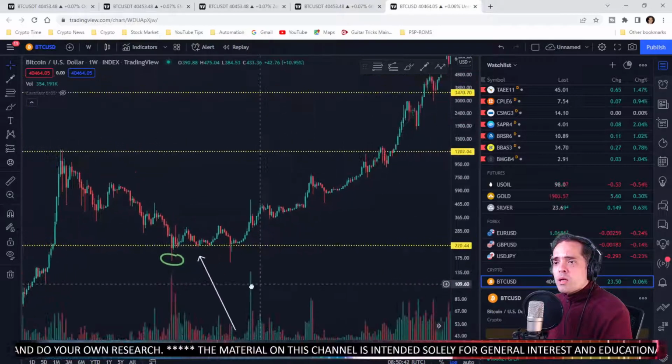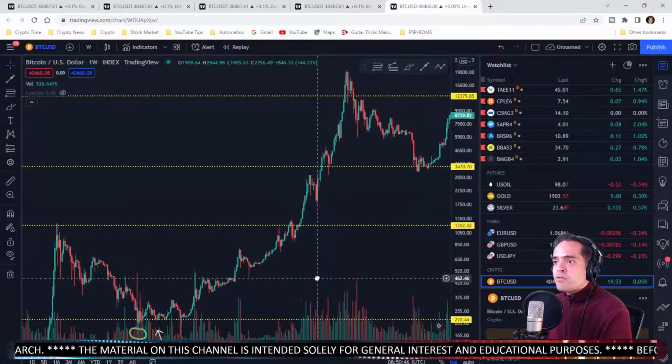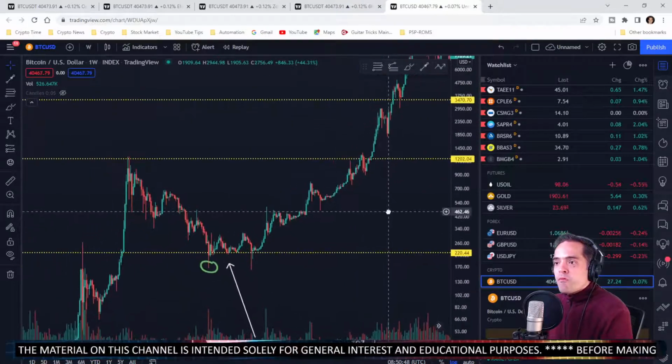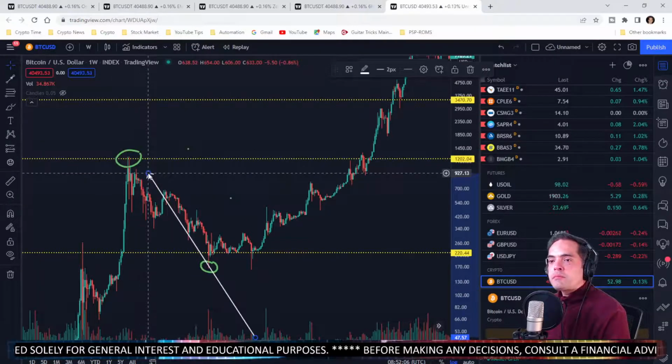So we can go here, zooming out a little bit, and we can use the same spot here.